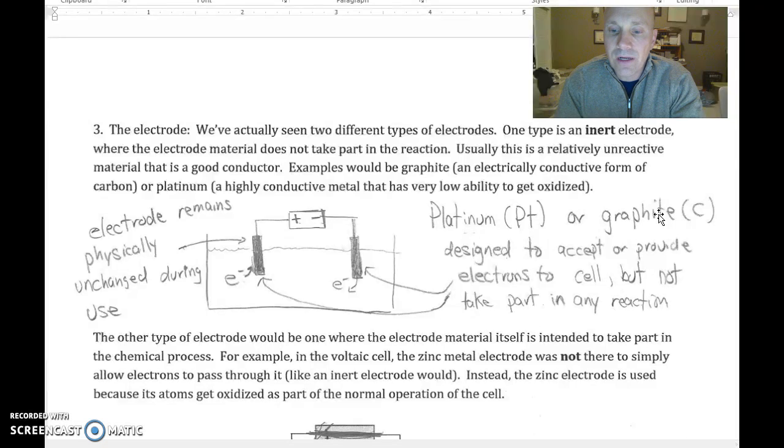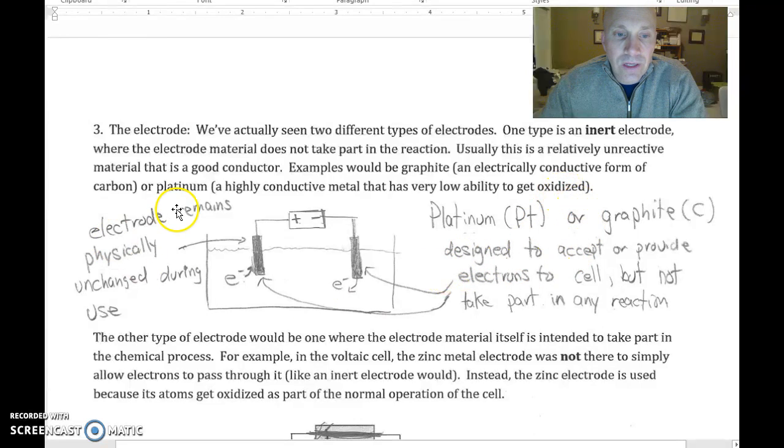The thing about graphite, it's pure carbon, but carbon has a couple of different forms that it can take, and the nature of the bonding of the carbon atoms in graphite is pretty special, in that it allows an electric current to flow through it. Take note that there are some types of carbon, like a diamond, that are not conductive and would not have the same properties, but graphite would allow that.